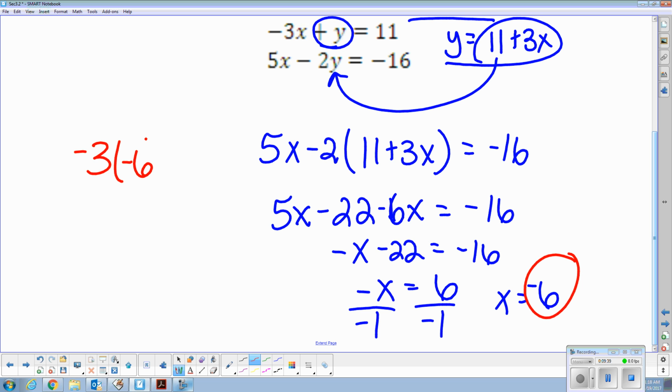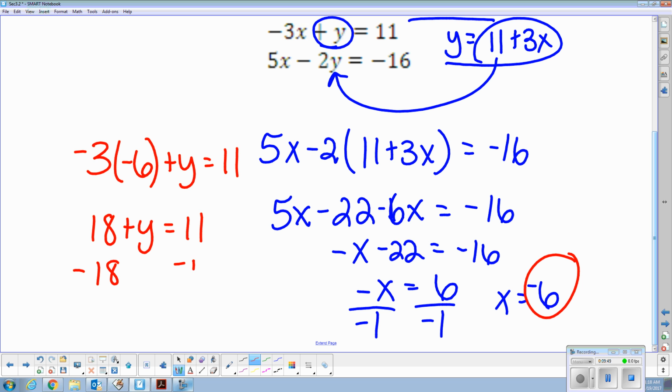Substitute in -6 for x plus y equals 11. Then I get 18 plus y equals 11. And I subtract 18 from both sides. And I get y equals -7.